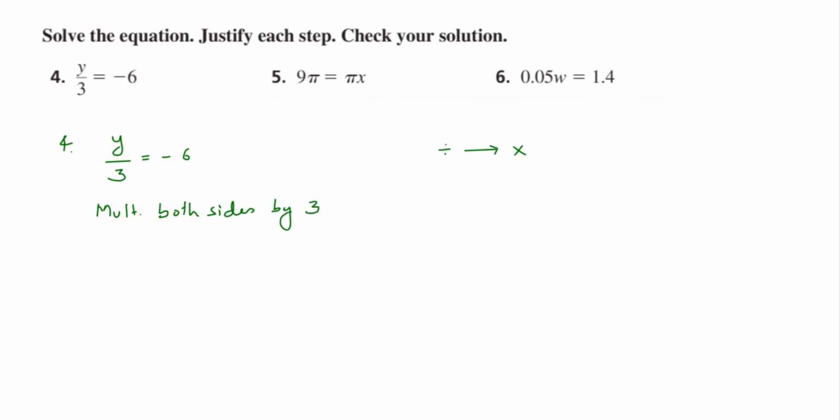So when you multiply both sides by 3, it will be y divided by 3 times 3 equals minus 6 times 3. Whatever you're doing, you have to do on both sides. Now here 3 will get cancelled because 3 is in the numerator and 3 is in the denominator. So on the left side we're left with y, and here 6 threes are 18.